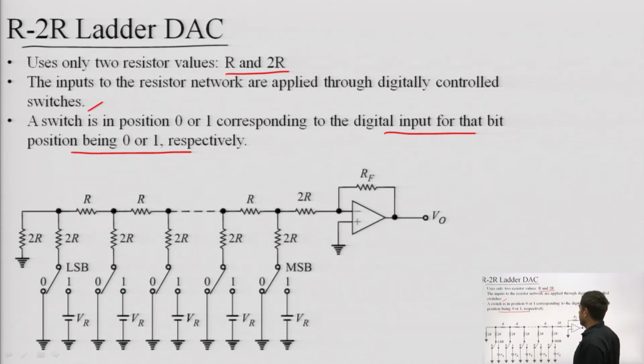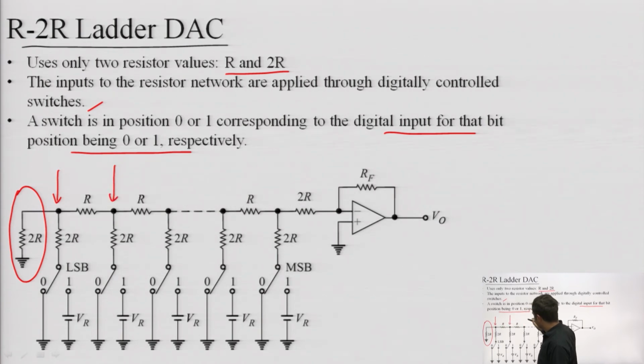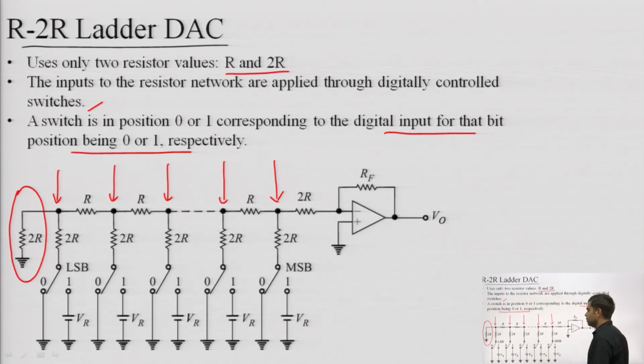So if it looks a bit complex, you can check that this is an initial branch, and after that you can see that for n number of branches, for an n bit DAC, we are having these 2R branches which are accepting the binary input.